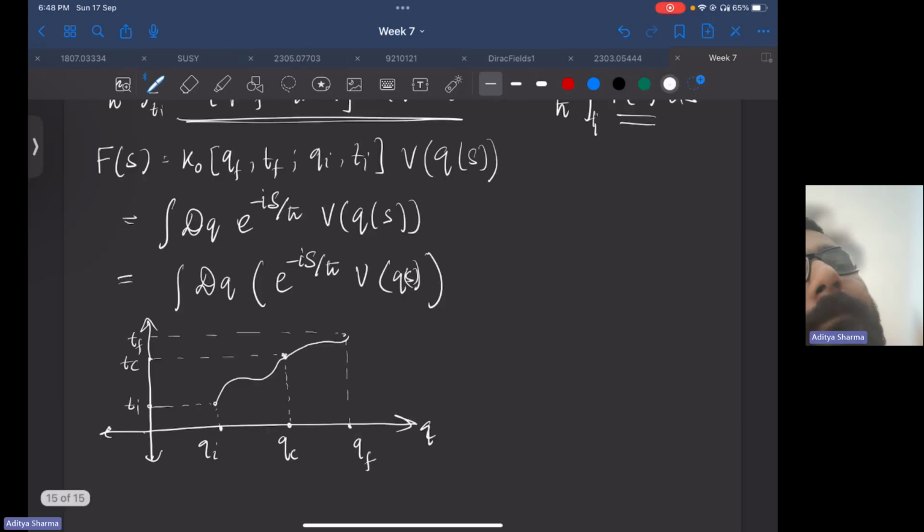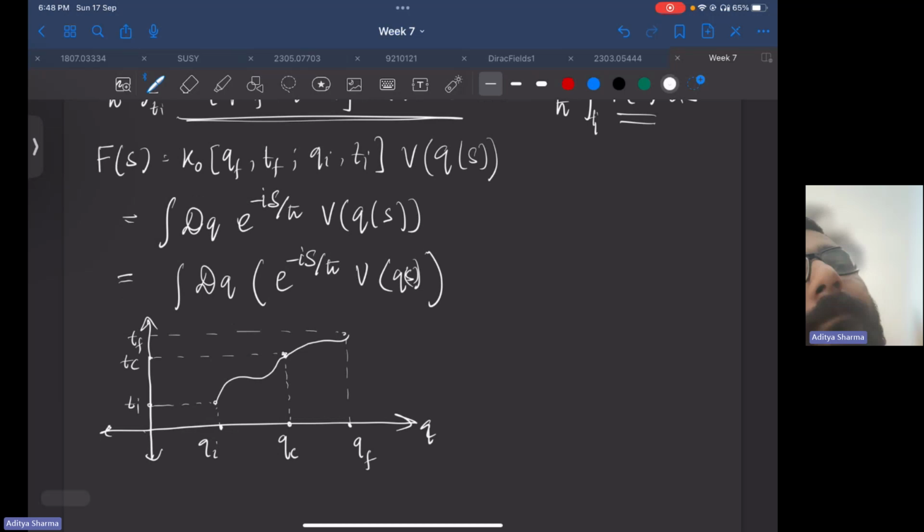So f of s can be interpreted as this function. So the idea is that I am discretizing when I write the path integral, when I go from the discrete summing over all paths to the continuum, the path integral. The idea is that I look at the discrete paths and I say that, oh, the particle can take any path from here to here.